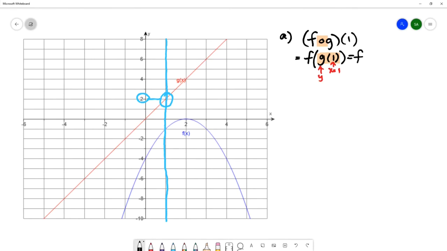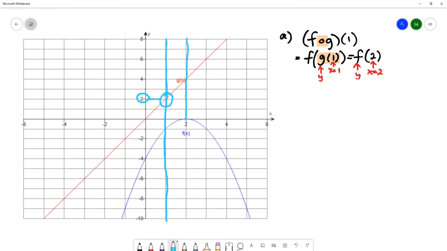So we can replace that g of 1 with 2. So now we have function notation once again, and we want to evaluate the function f at a value of 2. We know that x is 2, and we're looking for y. So once again, we go to our graph looking for an x value of 2.